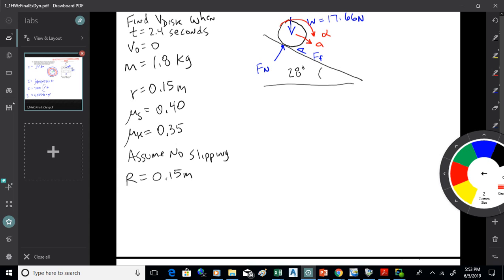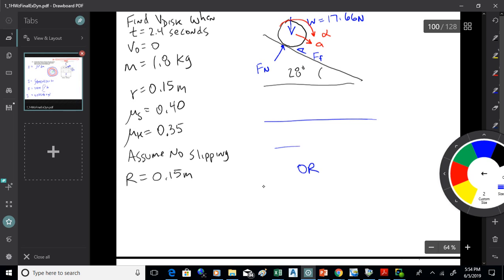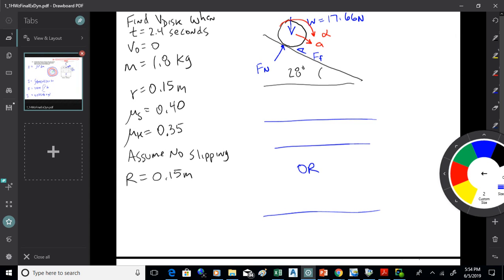So for the next step, why don't you write down these two methods, and just write down the equations you would use. The first one has two equations, and the other one is a single equation that you could use to solve this. So just pause the recording and write them down, then we'll take a look.